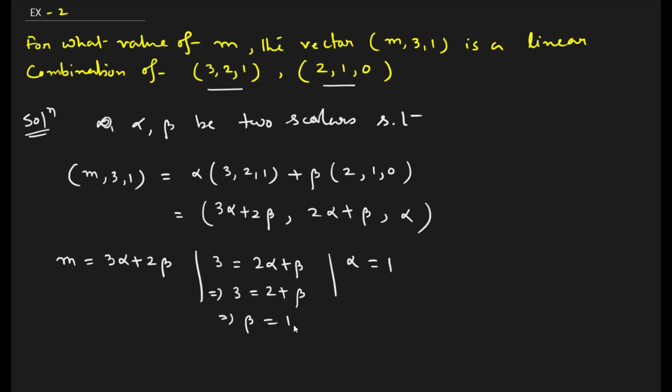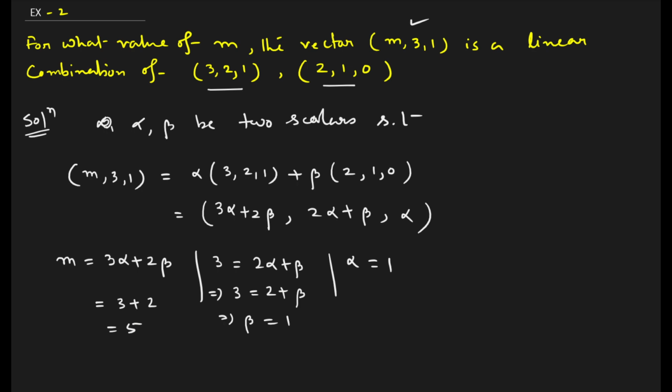Okay, so it's very simple. Alpha is 1, beta is 1. Now if we put the values of alpha and beta here, it's 3 plus 2, that is 5. Now, what did we have to find? For what value of m? So if m equals 5, then we can express this particular vector in terms of these two.